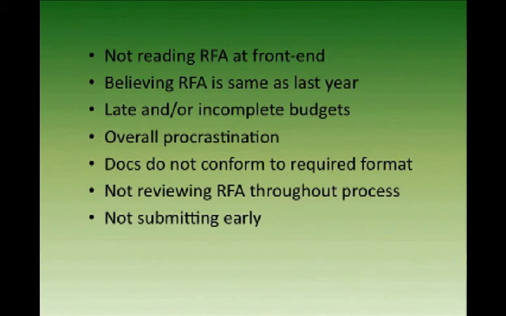Later, incomplete budgets. Get your budget to Mike Cisco as early as you can. He's a very good resource in terms of catching things that you might not be aware of. An example of an incomplete budget would be that I customarily see a graduate student position included, but tuition and fees for that graduate position have not been included.